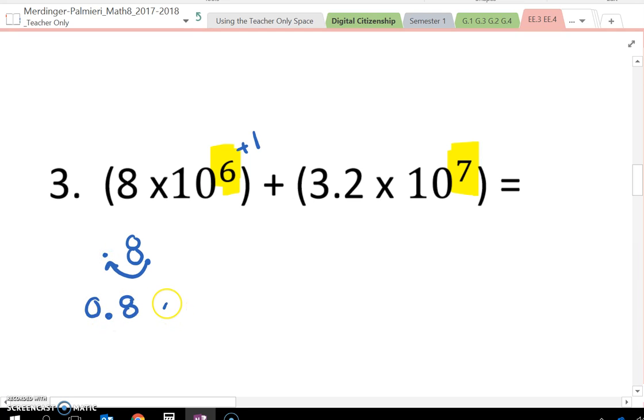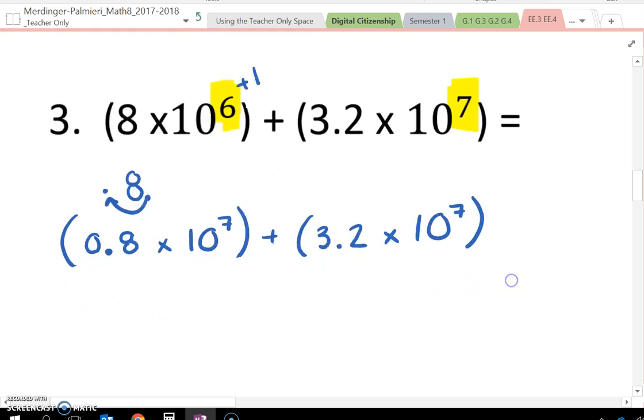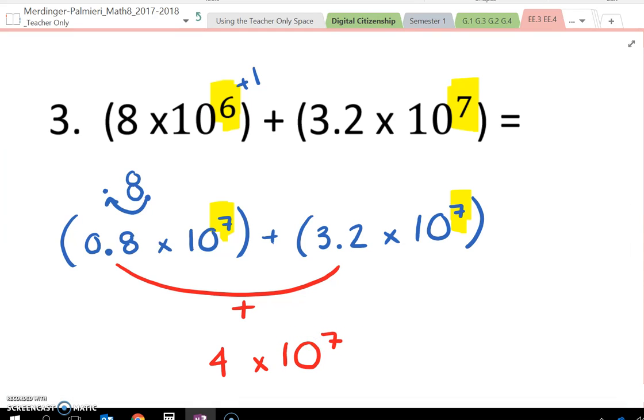So this is 0.8 times 10 to the 7th plus 3.2 times 10 to the 7th, and we're just keeping that second one the same. So now that my exponents match, we're simply going to add, right? And when we're adding here, this is when you're able to use your calculator to double check your work if you need to. So 4 times 10, and keep your exponent, a common exponent. So we're going to keep that exponent of 7.